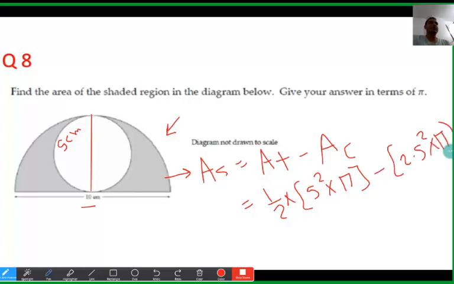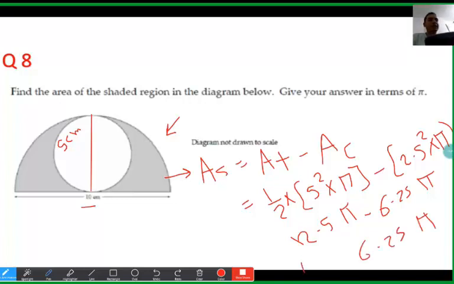So it will be 12.5 pi minus 6.25 pi, so the final answer is 6.25 pi. This is A shaded. So the area of the shaded part is 6.25 pi centimeter squared.